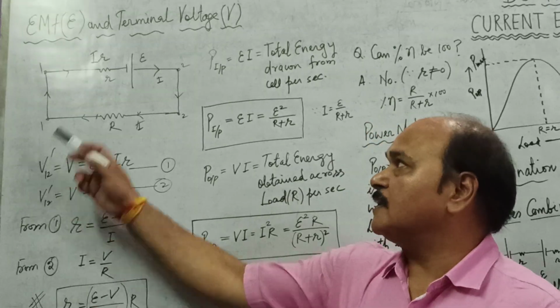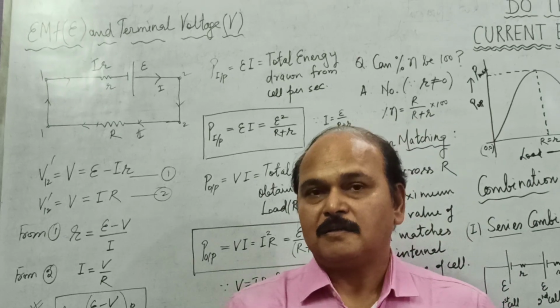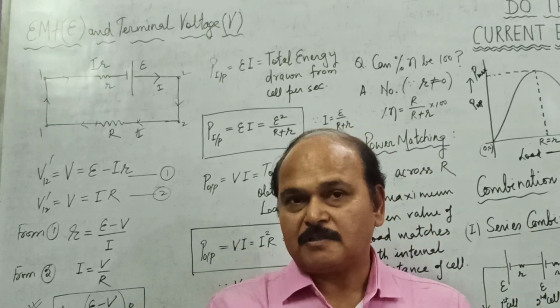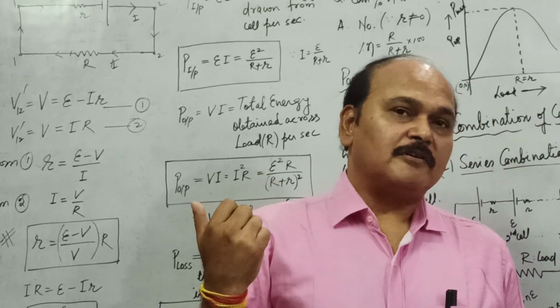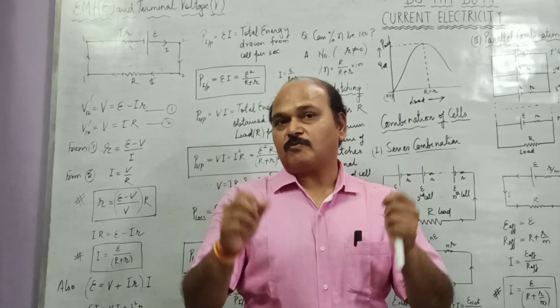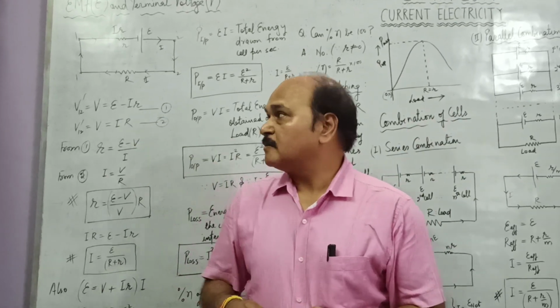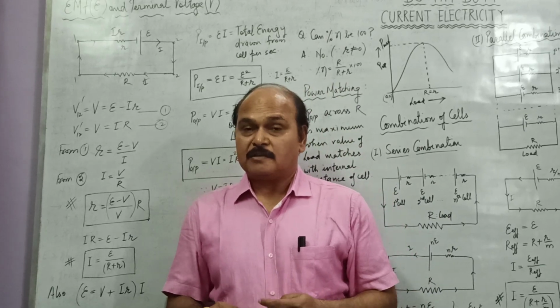Children, last time we studied EMF and terminal voltage of a cell. EMF is the potential difference across the terminals of the cell when cell is not used, when current is not drawn from the cell, or when the terminals of the cell are what? Open. And that is the maximum value of potential difference across the terminals of the cell.